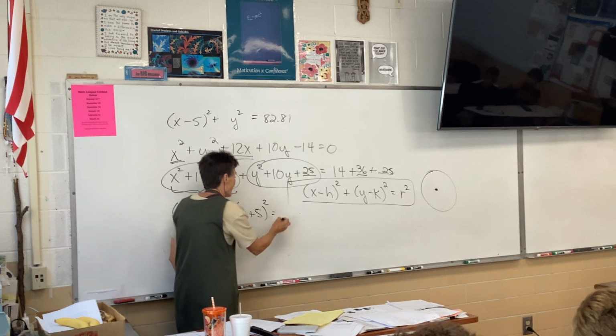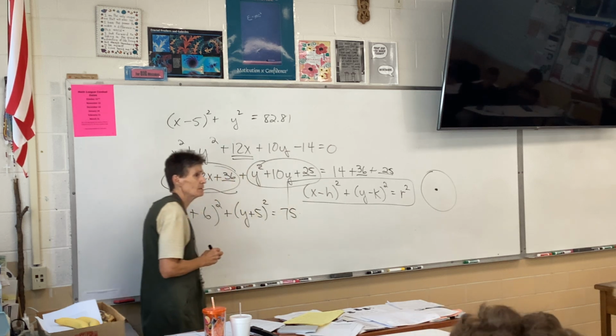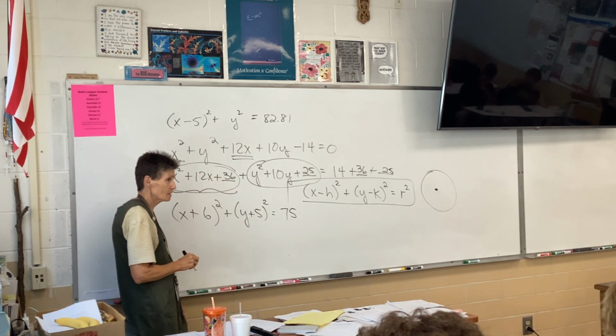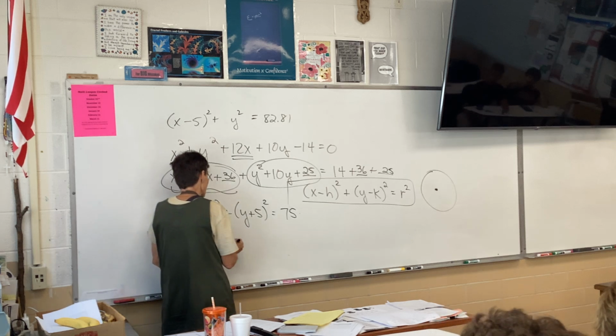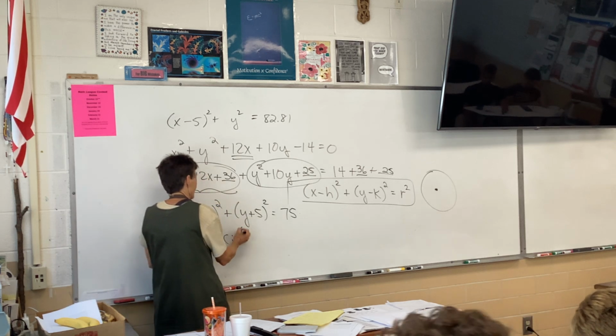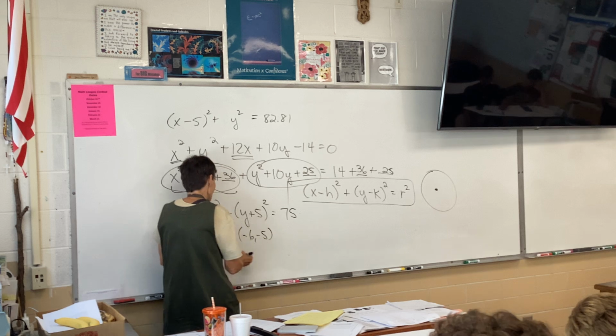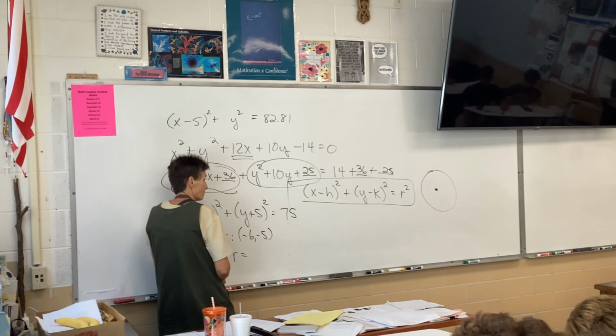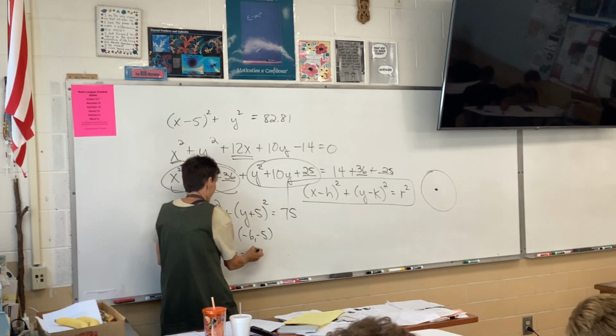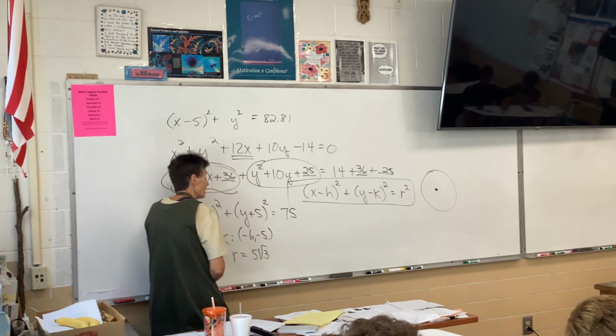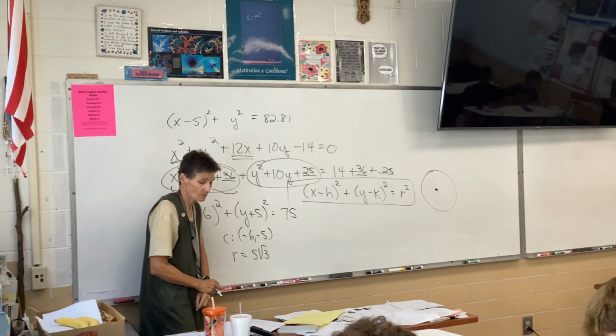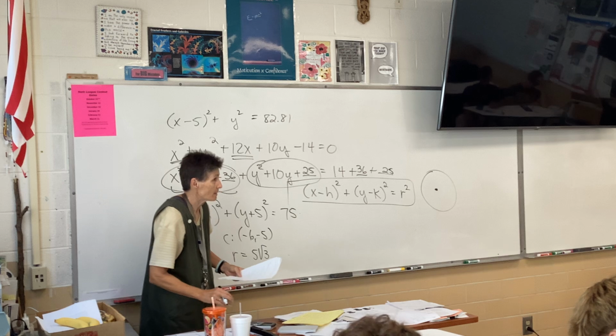Yeah, I got 75, but that would be wrong. How's that sound? All right, so what's the answer to the question? What's my center? Negative 6, negative 5, and my radius is? 5 root 3, square root of 75, which is 5 radical 3.